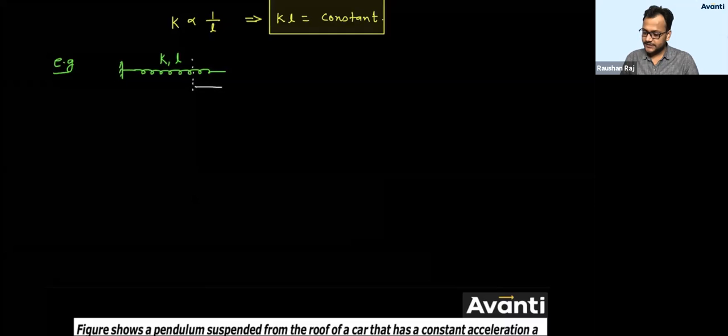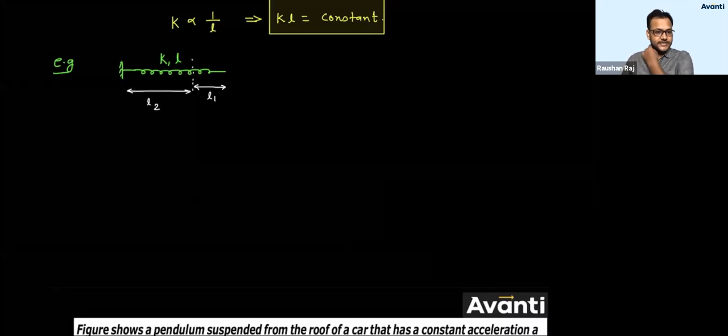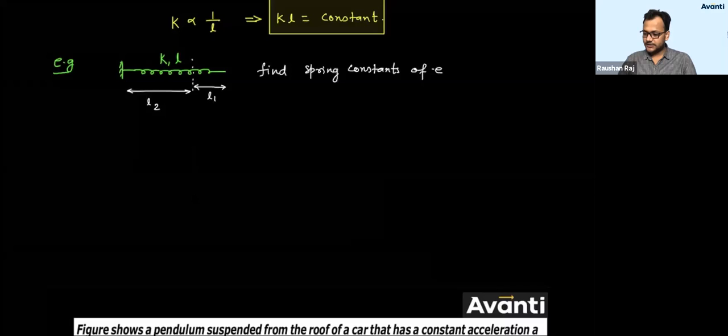So this length is, let us say, L1 and this length is L2. It has been cut in 2 parts in such a way that one of the lengths is L1 and the other one is L2. Find the spring constant of each part. Tell me, children, what will you answer?